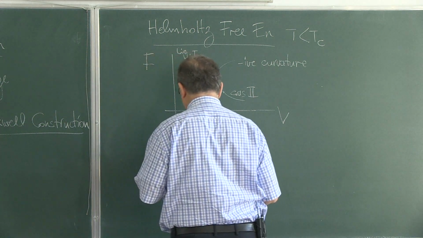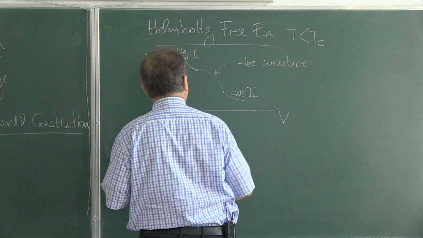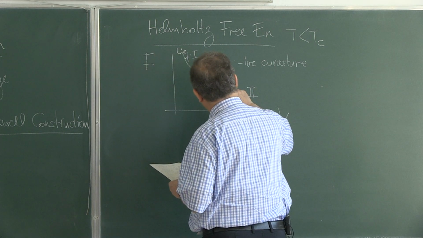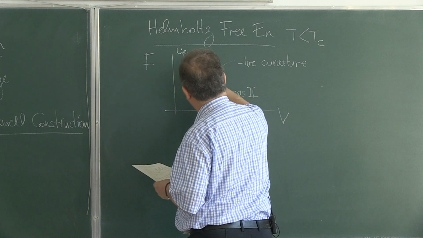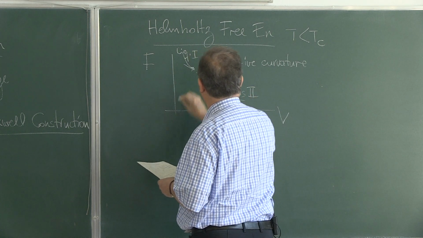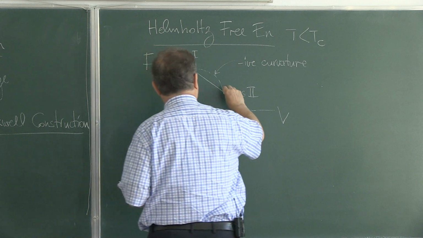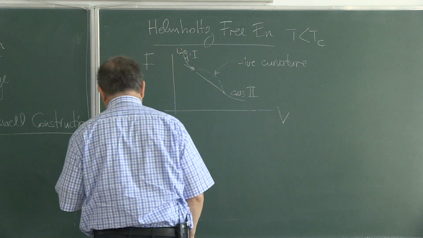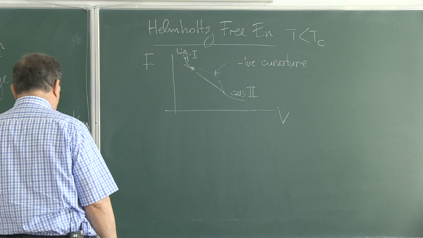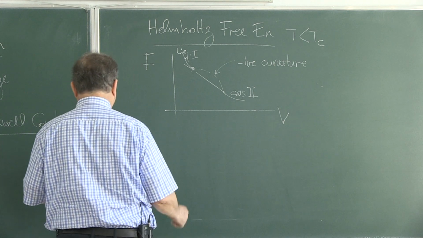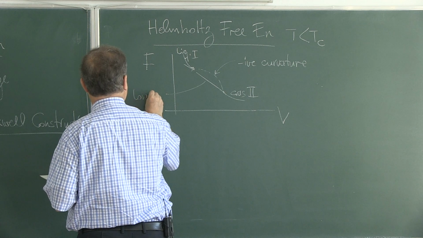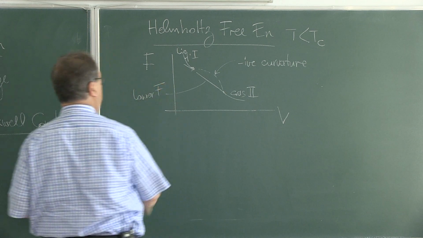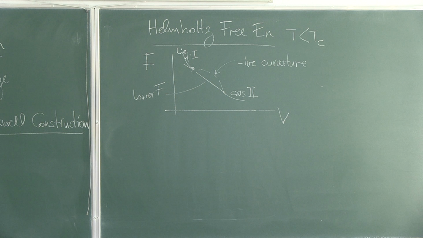In the PV isotherm. But instead of doing this, if you create a common tangent, you get a lower Helmholtz free energy instead of the negative curvature.